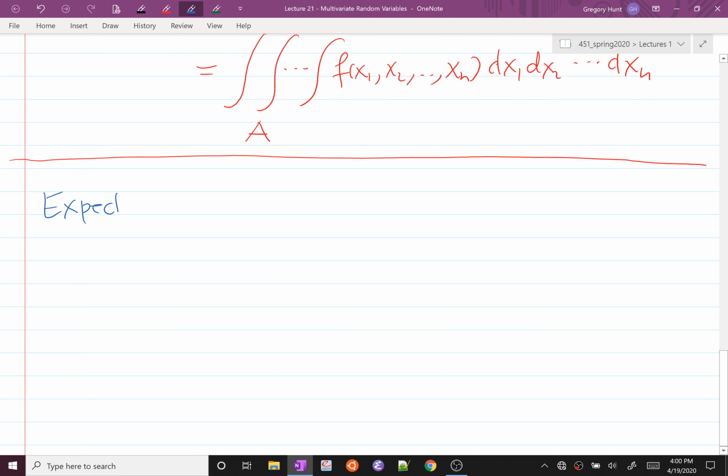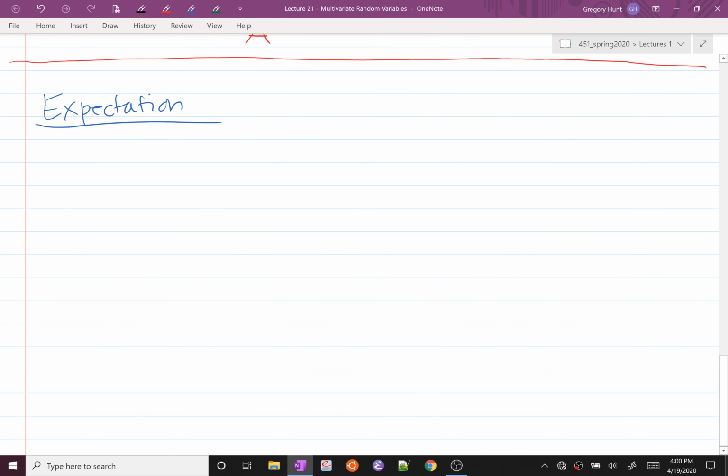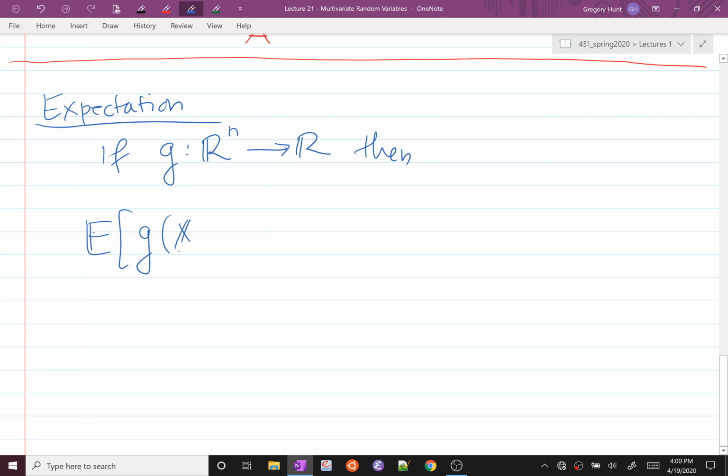This won't be too surprising, given that we've done this in the univariate and now the bivariate case. If I have some function g that goes Rn to R, then I could look at the expected value of g of x tilde. Recall that x tilde is just my vector of random variables, x1 to xn, transpose, and we'll treat it as a column vector.